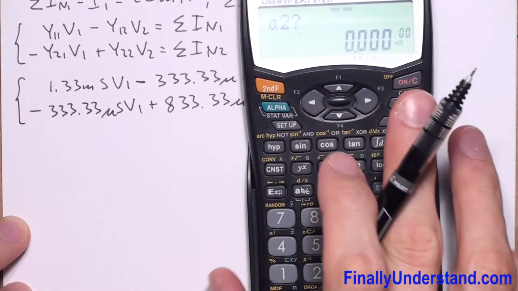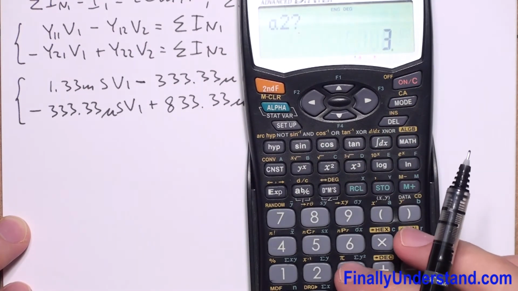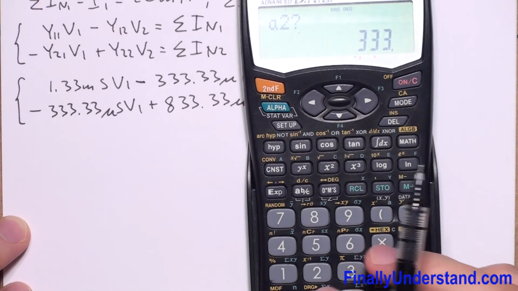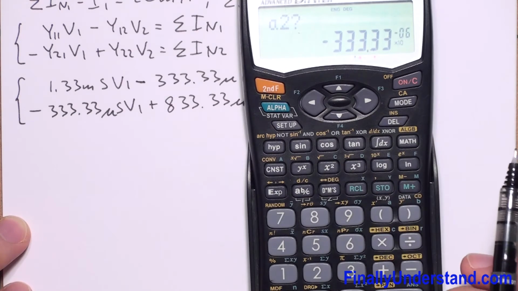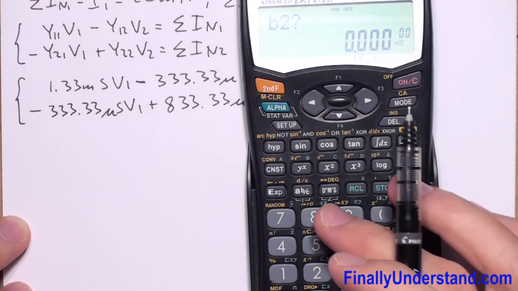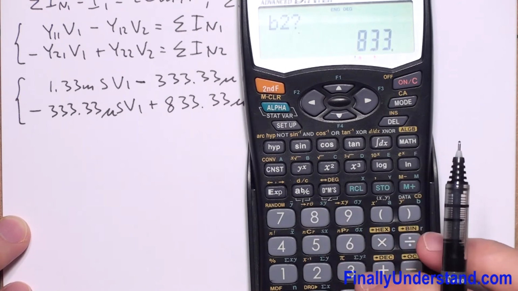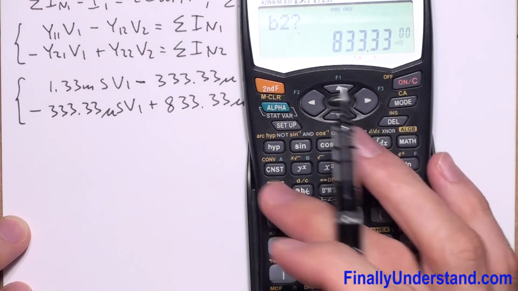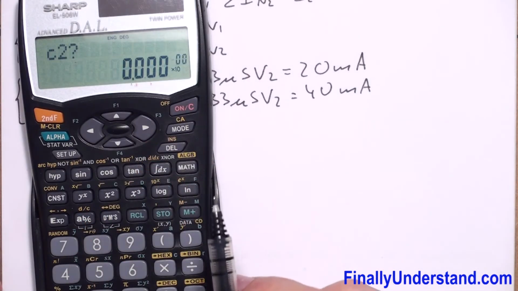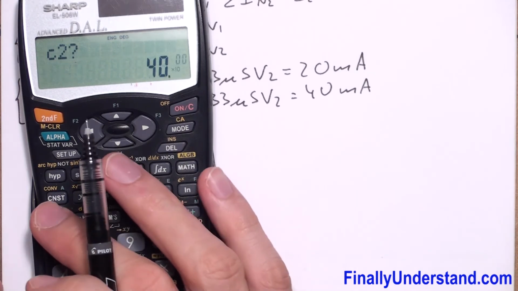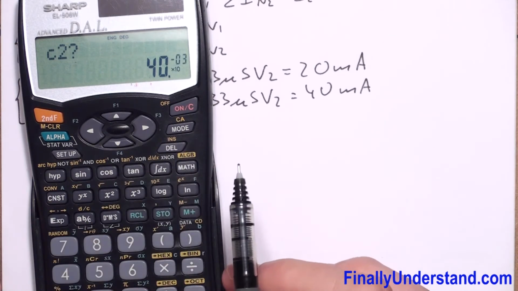Equals, and I have 333.33 negative exponent 6 negative, and I have 833.33 exponent 6 negative, and I have 40 exponent 3 negative.